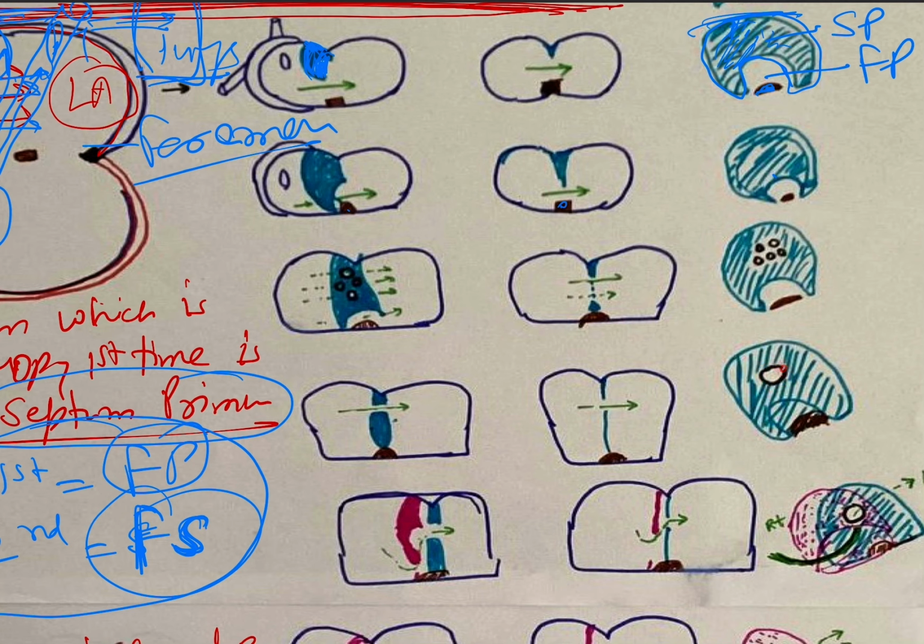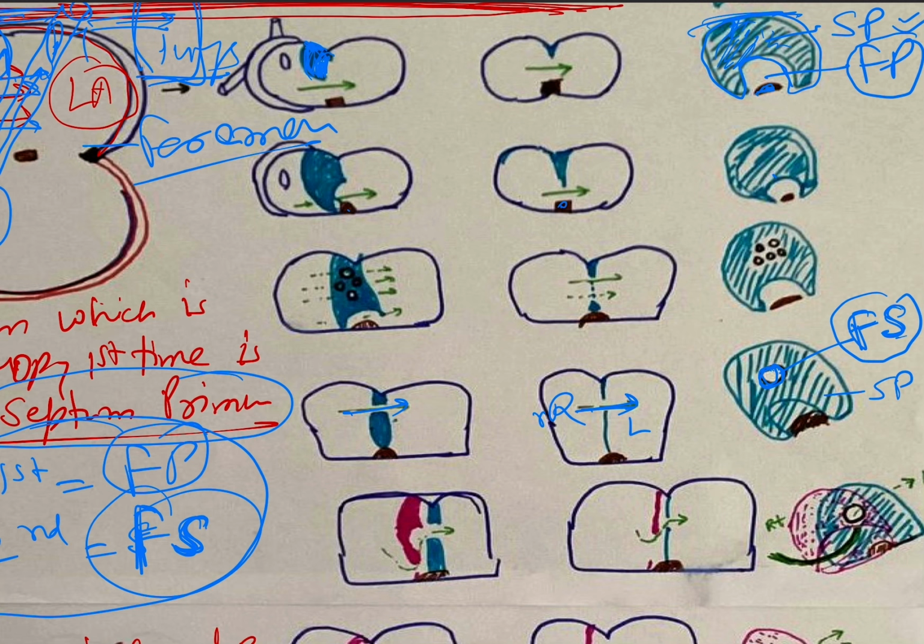This opening is now termed foramen secundum. Means foramen primum is at the lower pole of septum primum, while foramen secundum is situated at the upper margin of the septum primum. Please see here. Blood is going from right side to the left side, no problem.